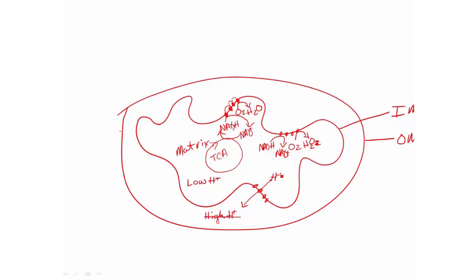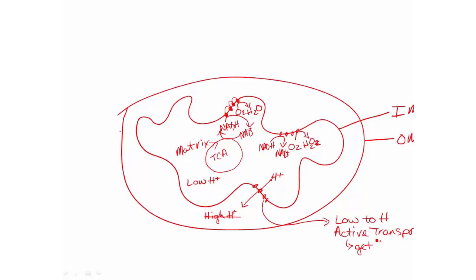So this is with the little bits of energy that are being released. If we're moving them in that direction, we are moving them from low to high. These ions would not want to move low to high. So this is going to be active transport, and active transport does require energy.